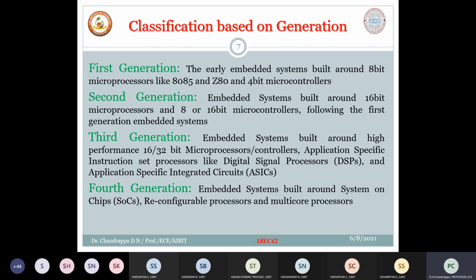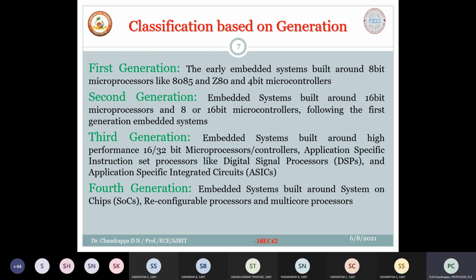Almost all laptops are now available on a multi-core processor platform. That is why we are now using the fourth generation of embedded systems. So this is the major classification.